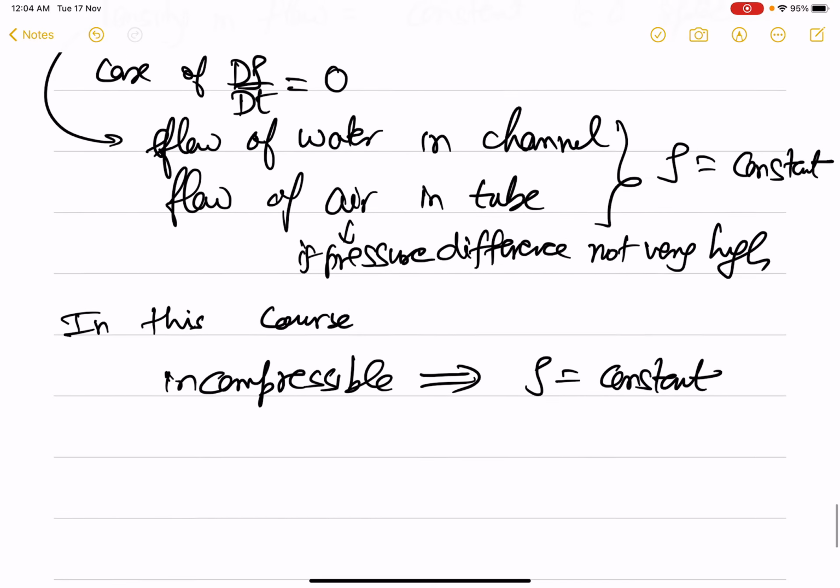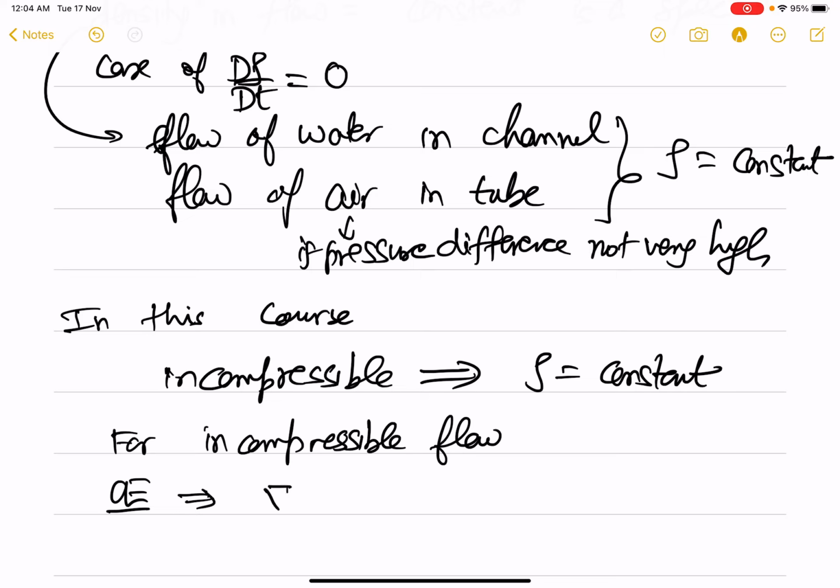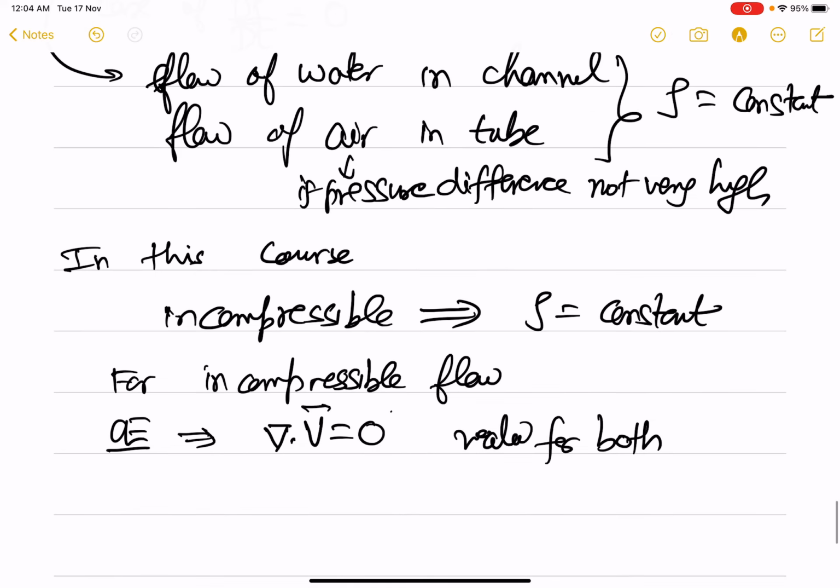So for incompressible flow, the continuity equation becomes del dot v is equal to 0, and this is valid for both steady and unsteady flows.